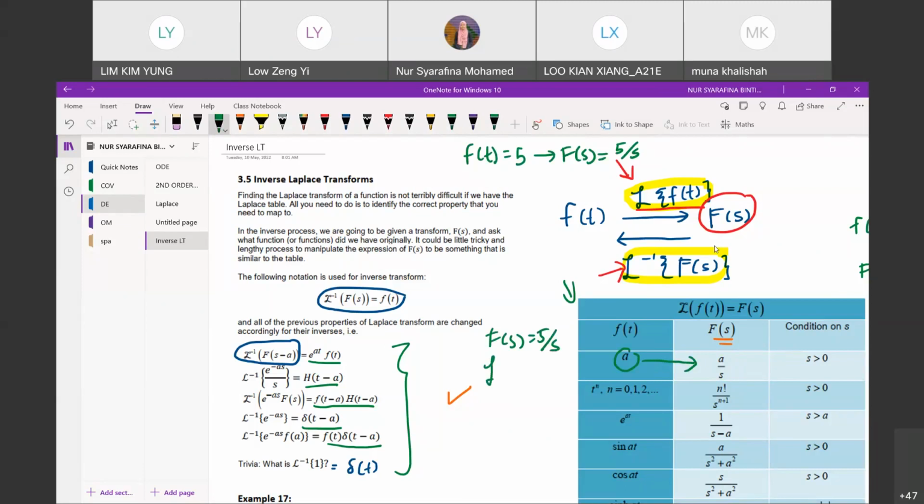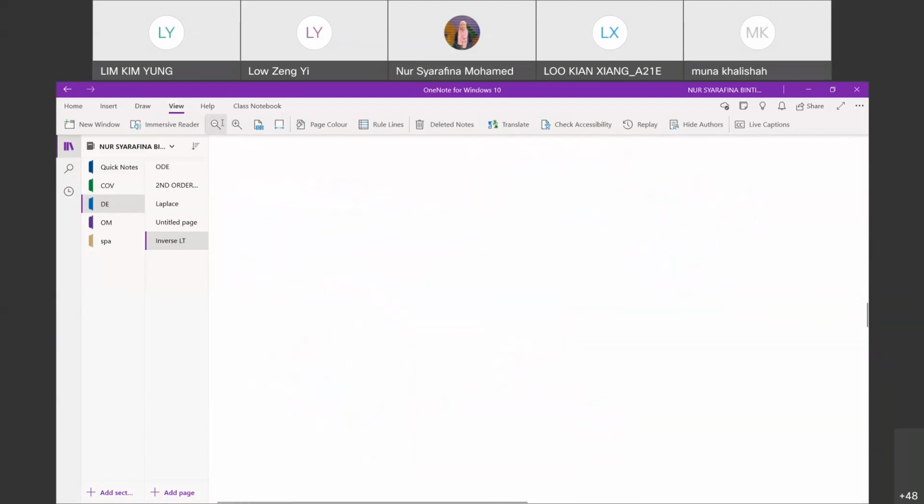So in order to get f(t), you need to inverse transform this F(s). From 5 over s, you will get 5. So that's why you have to understand the nature of the function. This comes from a constant, so you will get a constant. Okay? Clear or not? So that one is for constant.